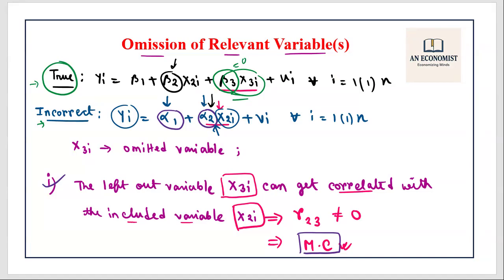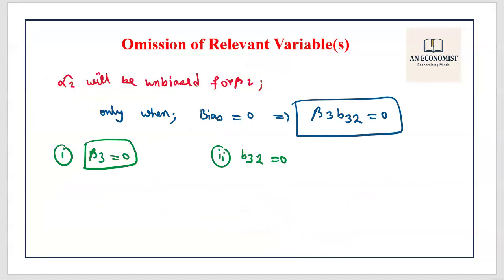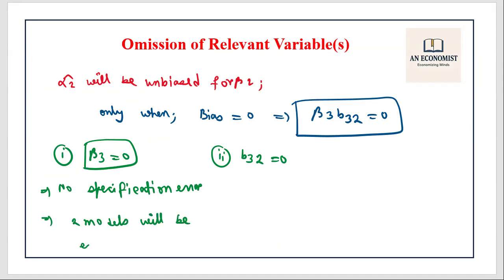There will be no specification error at all, so this possibility is not there. If beta 3 equals 0, there is no specification error, which basically means the two models will be exactly identical.